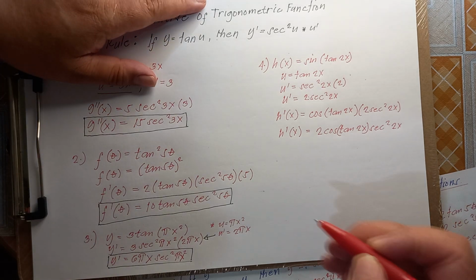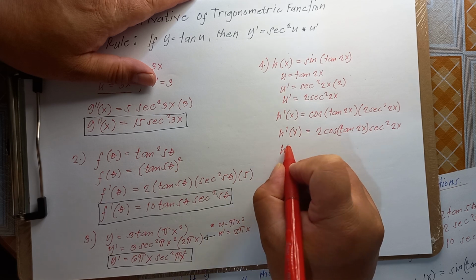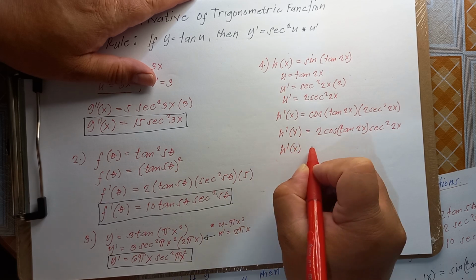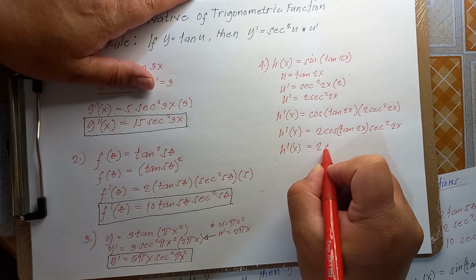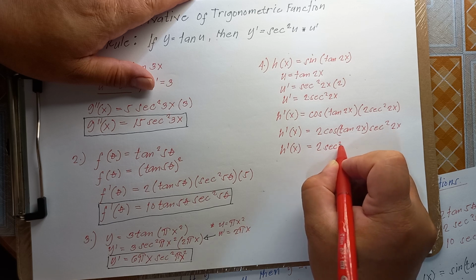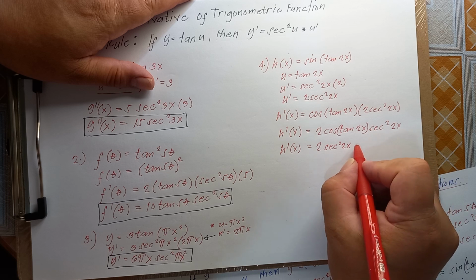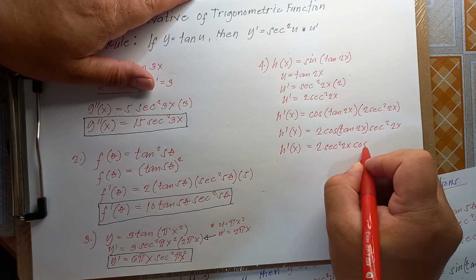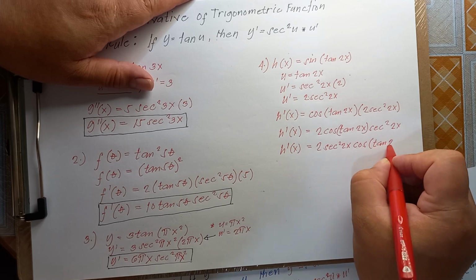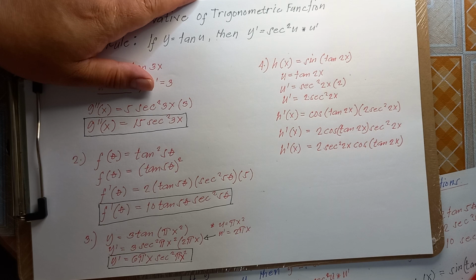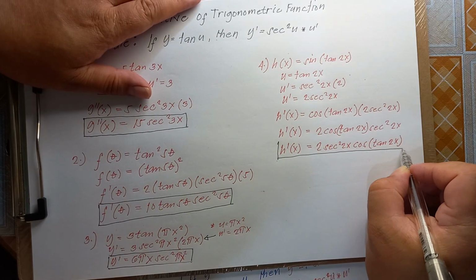Or we might as well rewrite it as h prime of x equals 2 secant squared 2x cosine of tan 2x. So this is the derivative of the problem.